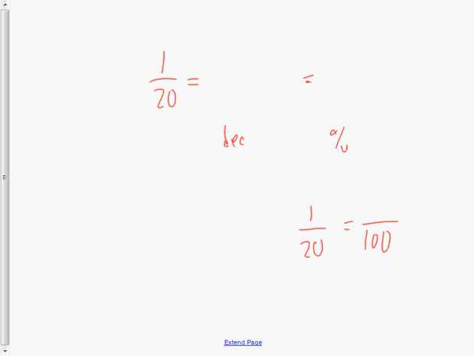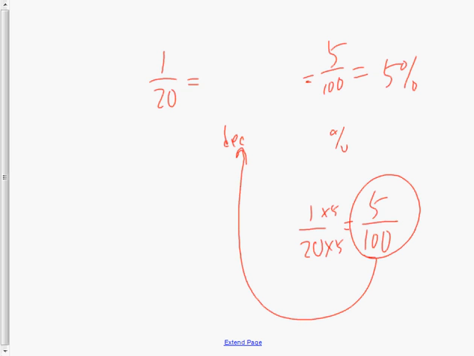And when I look at this setup, I know that I can multiply this by 5 and this by 5. And I get 5/100ths, right? Which is 5%. Now, as a decimal, I'm also going to use that to figure out my decimal because it's 5/100ths, which is 0/10ths and 5/100ths.